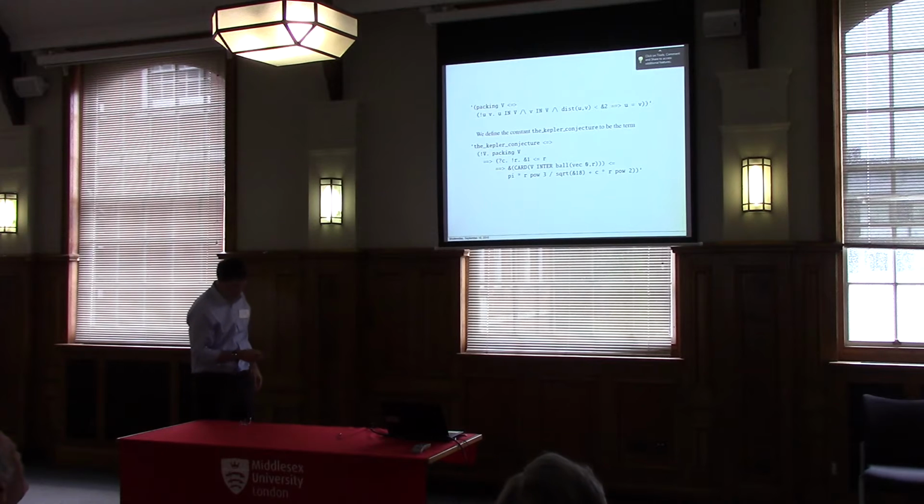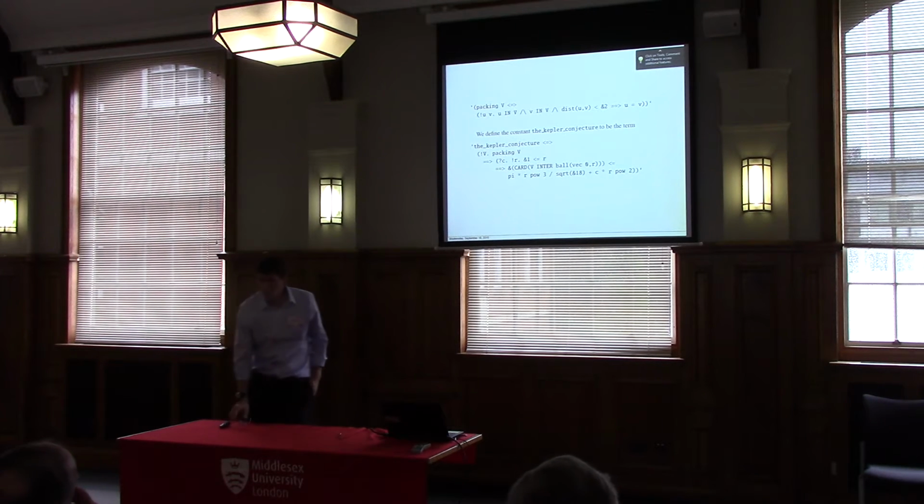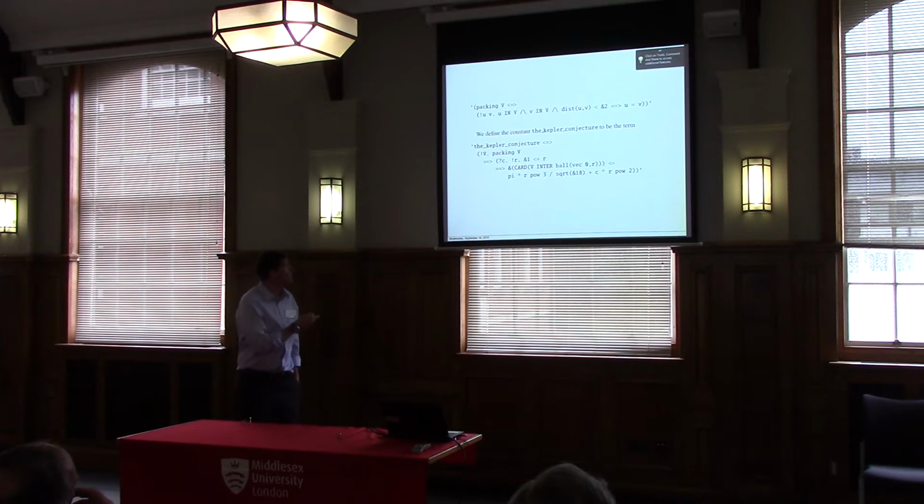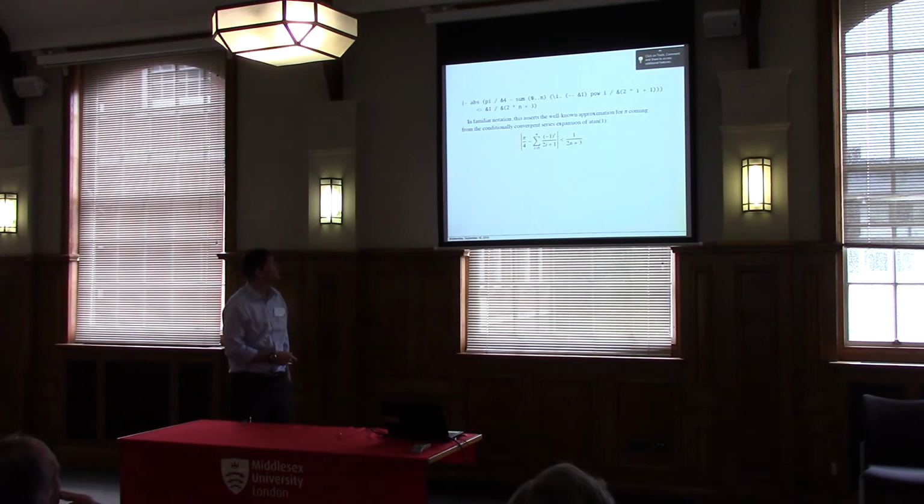What we get is the number that I showed in an earlier slide, pi over the square root of 18, plus an error term, and this error term divided by the volume of the container goes to 0 as the radius R goes to infinity. So this is what we formalize inside the system.